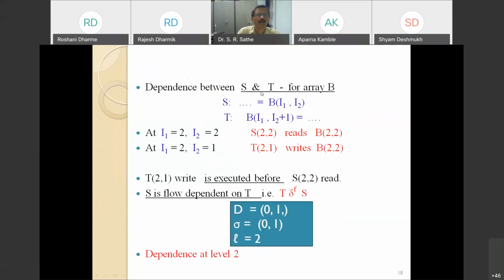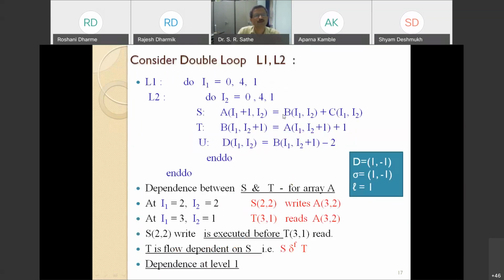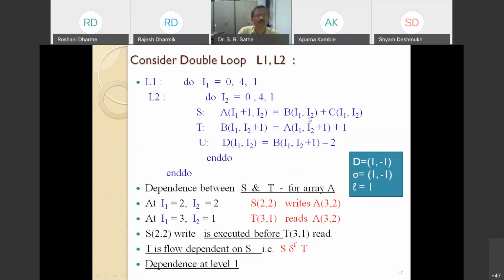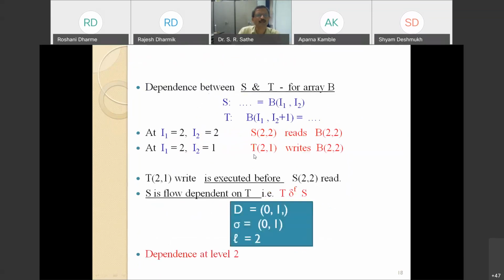Now dependence for array B. There are multiple dependences here; you are not restricted to only one. In statement S the B array is being read, and in statement T the B array is written. So let us see. At I1 equal to 2, I2 equal to 2, S22 reads B22. And at I1 equal to 2, I2 equal to 1, T21 writes B22.